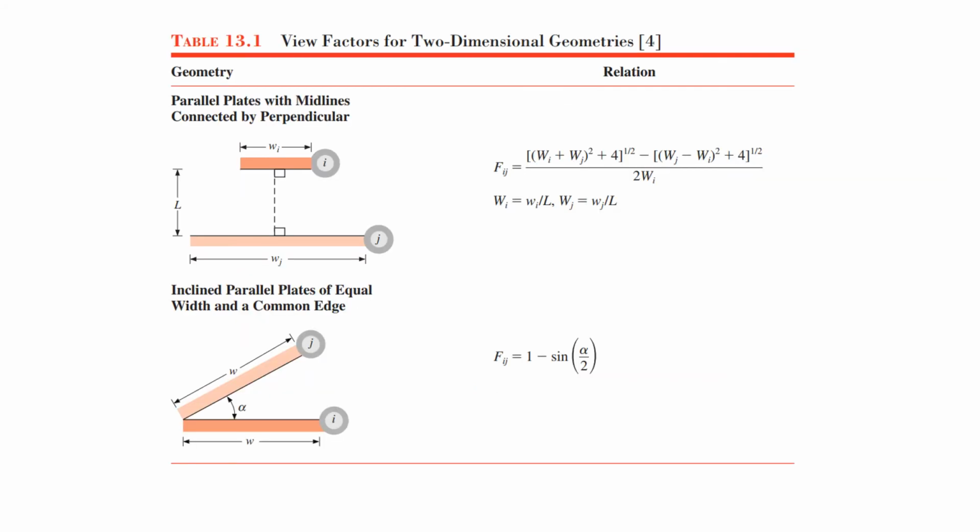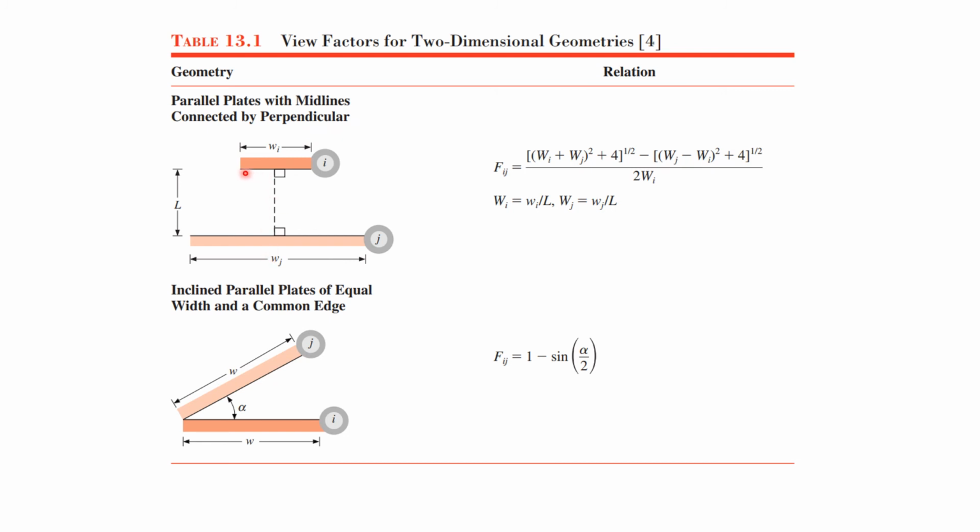Now, your textbook gives you the view factors for some of the geometries. So I would encourage you to go to table 13.1 and look at the relations given for different sets of geometries. The first relation that they've given is for parallel plates with centers connected by a perpendicular.